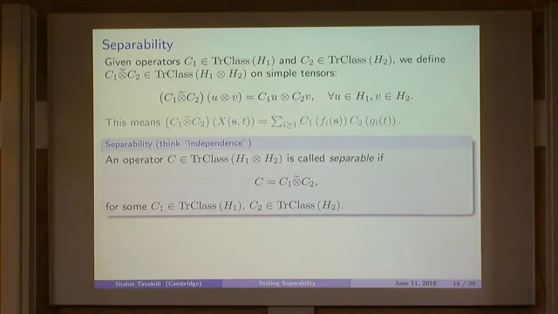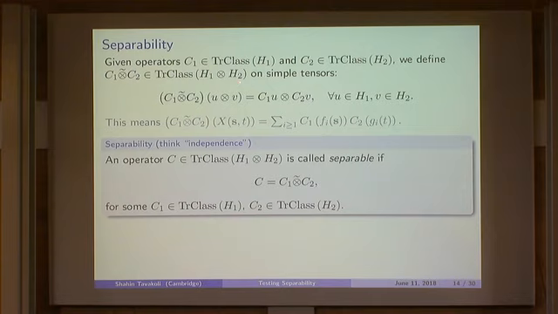Okay. So now I want to introduce what separability means. Suppose I have an operator C1 on H1 and C2 on H2, each of them being trace class. Now I can create a new operator on H1 tensor H2 by doing the following.